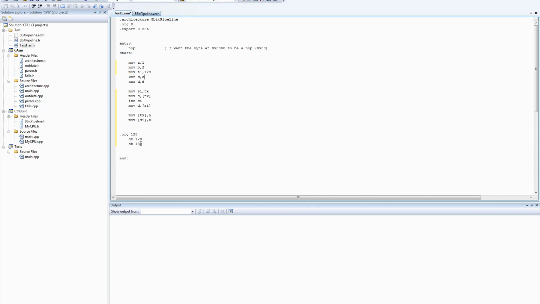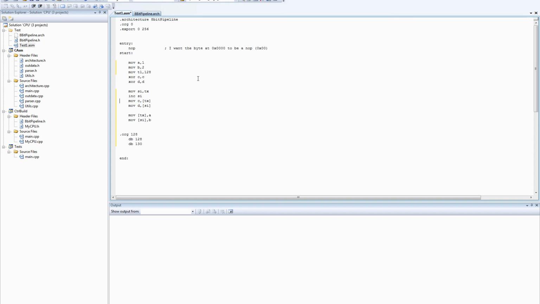I've defined these two values up at address 128 and loaded that into TL, which is TX for all intents and purposes at the moment. Load 1 and 2 into A and B, clear C and D, don't really need that, but then we're going to load C from the address of TX, so that should become 128 if it's all working, and D from the address of SI, which is TX incremented by 1.